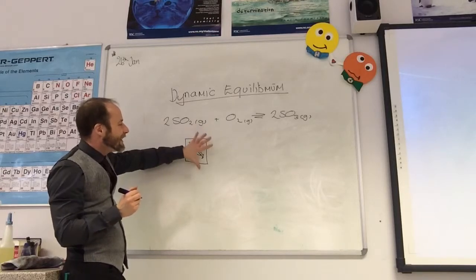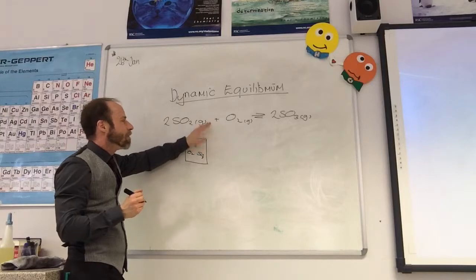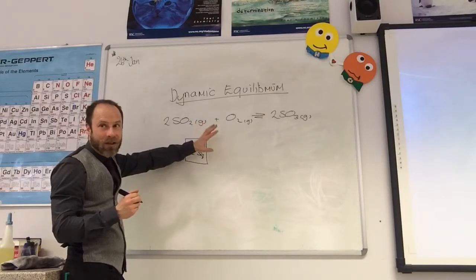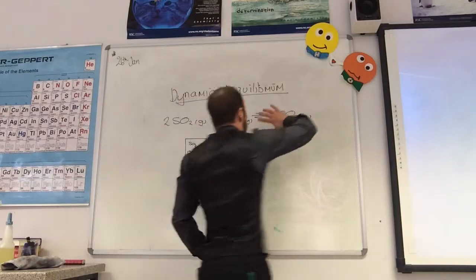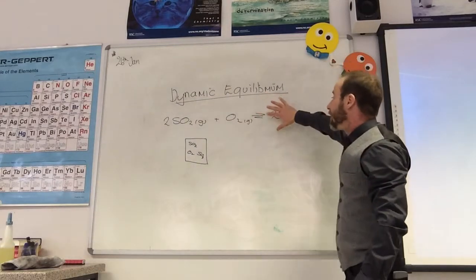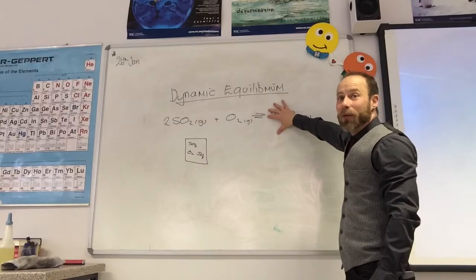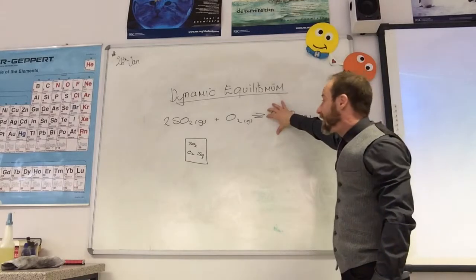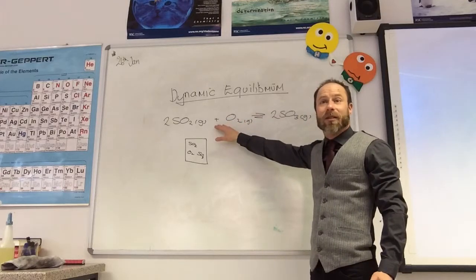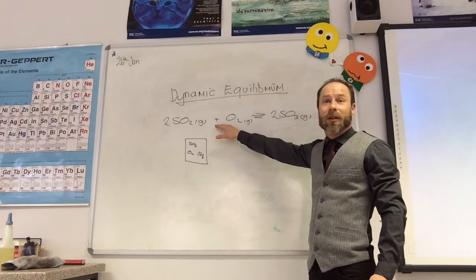So what could we say initially about the rate of the forward reaction compared to the backward reaction? Well, if I start off, I haven't got any of that. So what can you say about the backward reaction? How does the rate of the backward reaction compare to the rate of the forward reaction?